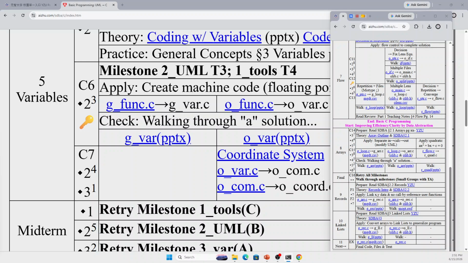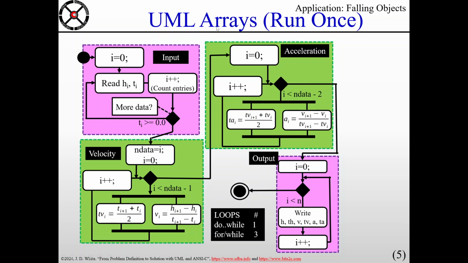This, as you can see, is the UML diagram that we would want to do. We're just trying to convert the UML to code. In this case, my test is at the end of the loop. So we just have to follow the UML as we code.